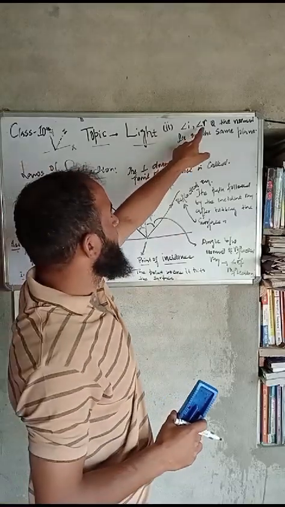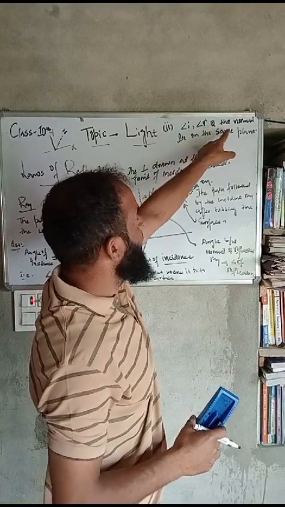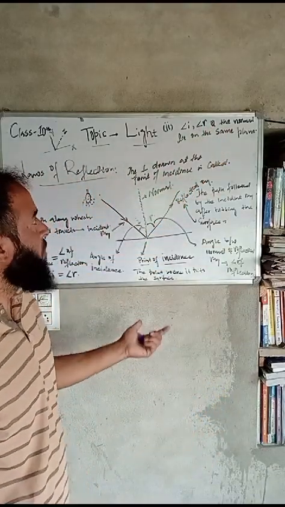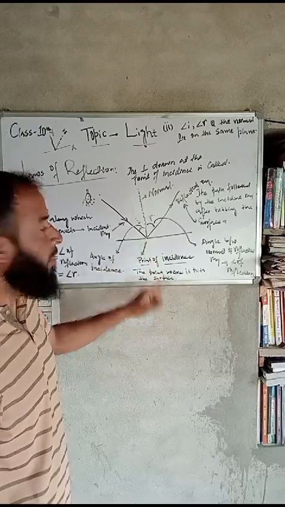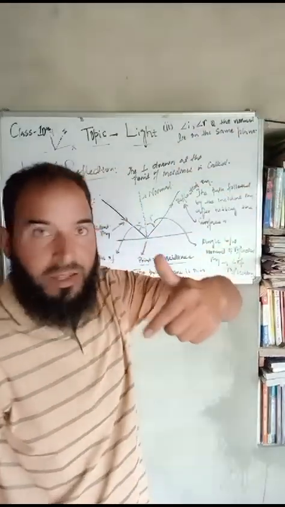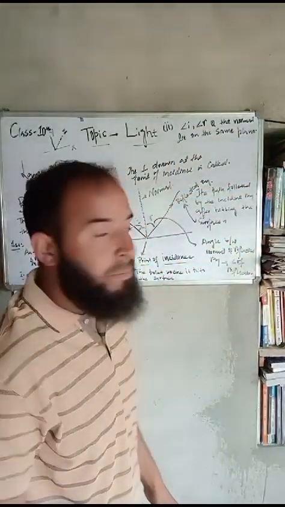The angle of incidence, the angle of reflection, and the normal lie on the same plane, and also the point of incidence, they all will lie on the same plane.